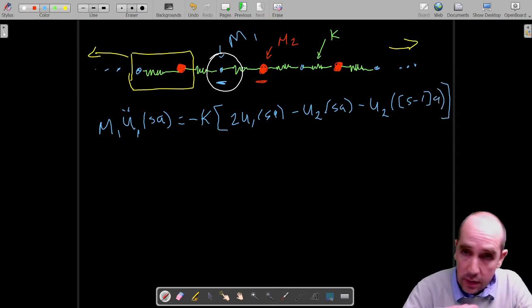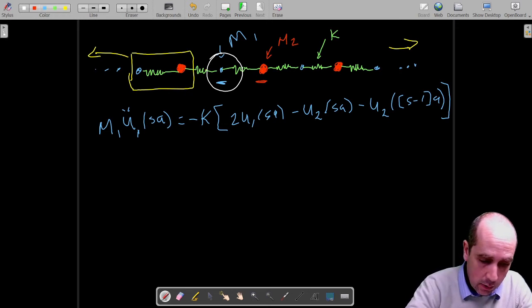And the same applies to the other mass. So now we are looking at this mass.